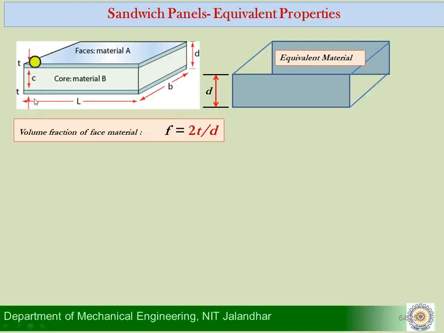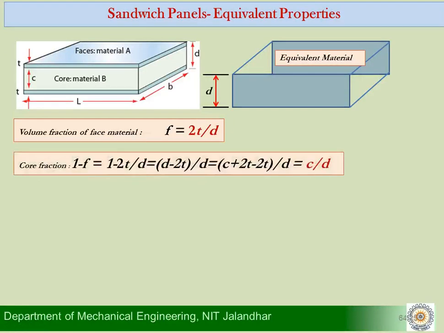So it is 2t because we are assuming it to be prismatic in this dimension. That is why we are only considering the area of cross section here. So f can be written as 2t upon d, which gives me the core fraction here as 1 minus f. That 1 minus f is 1 minus 2t upon d, which ultimately boils down to c upon d.